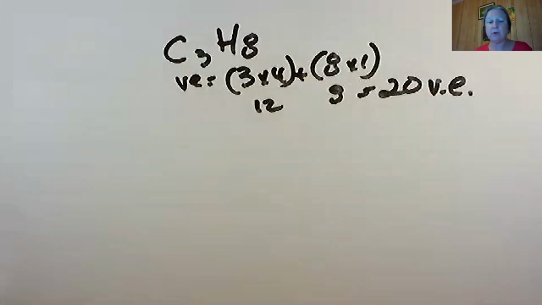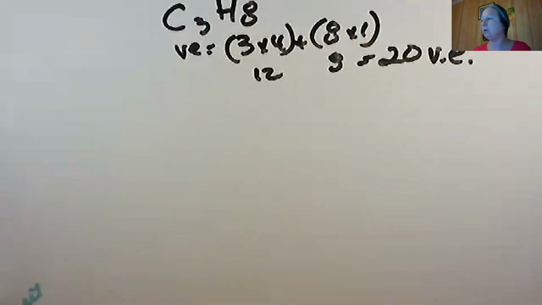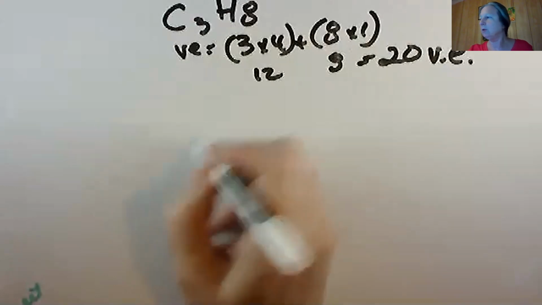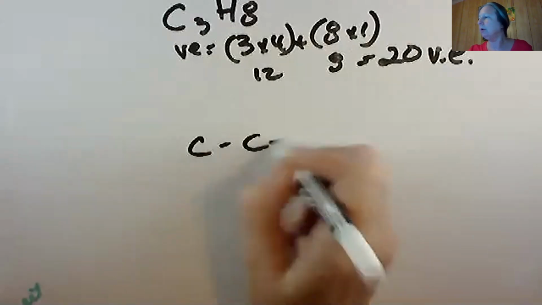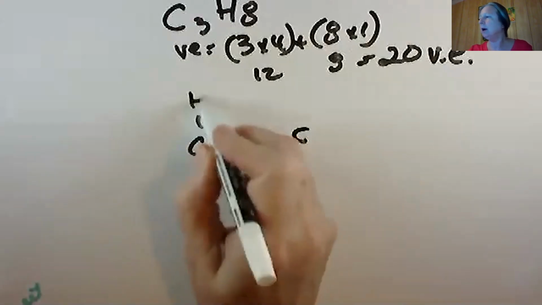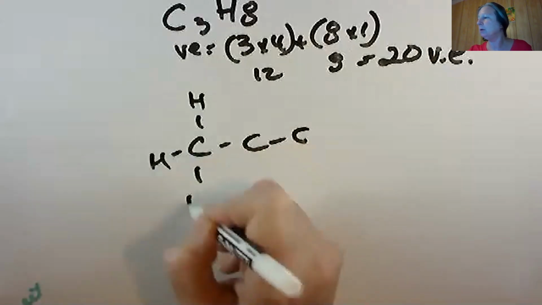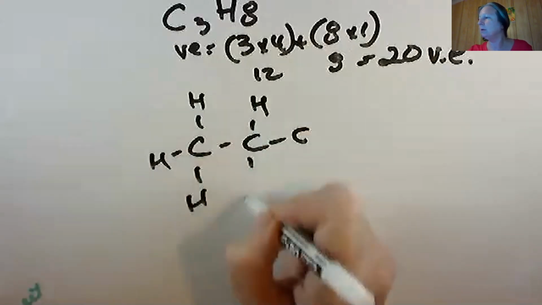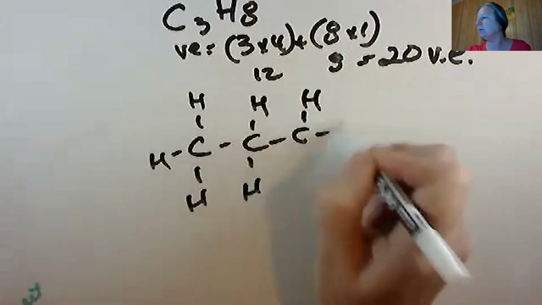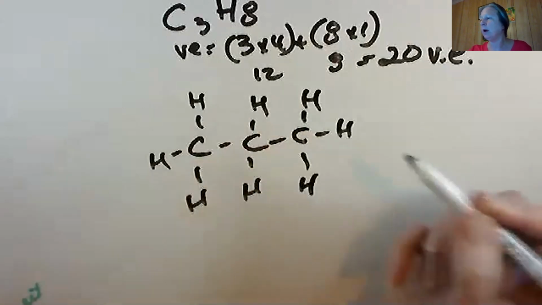I know this is a very straightforward carbon chain, so I don't need to do Mortimer because I know these structures. So the Lewis would be carbon, carbon, carbon, hydrogens on each carbon. Right? Do I have all of my atoms?